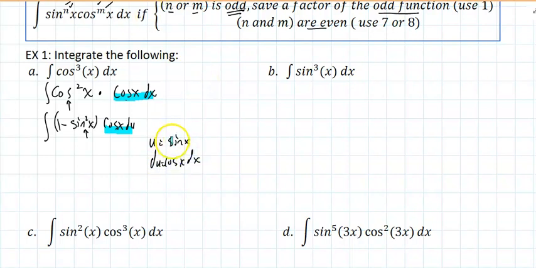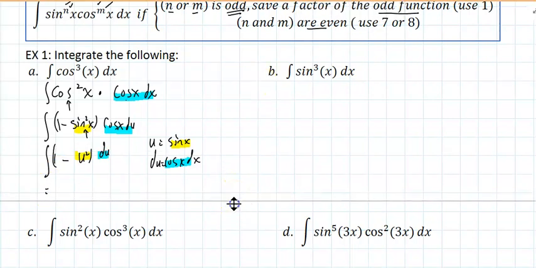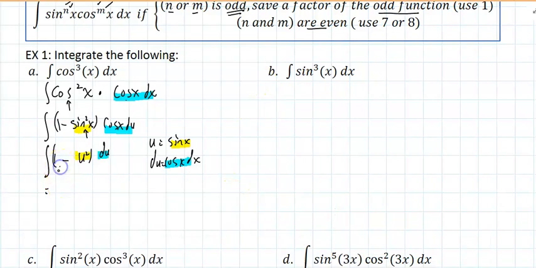So this is my u. Okay, it didn't change colors. This is my u. And there's my du. And what would this be? Wouldn't this be u minus u cubed divided by 3 plus c?